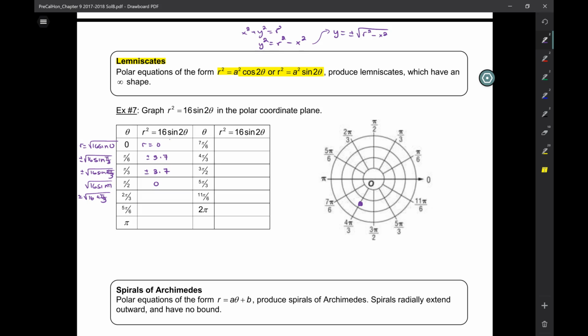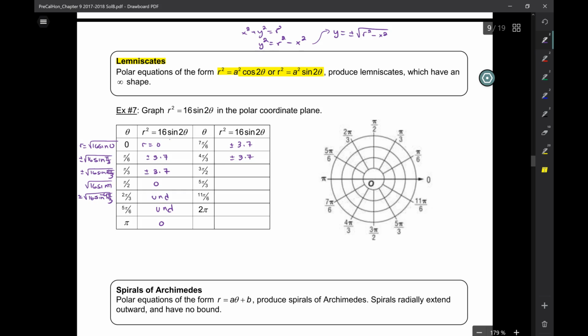Because you can't have the square root of a negative number. So that's undefined. And so is this one, undefined. And then this is 0. And here we have plus or minus 3.7, because it's the 4 pi over 3.